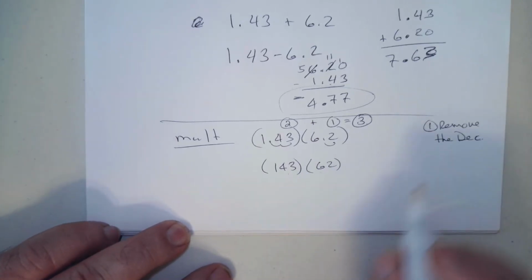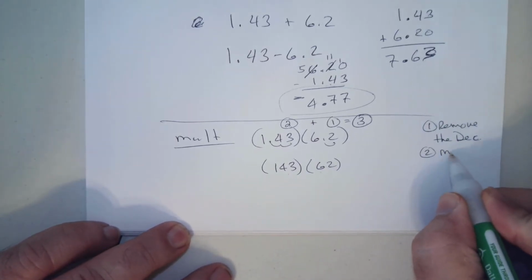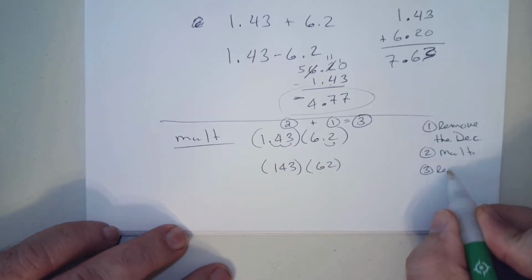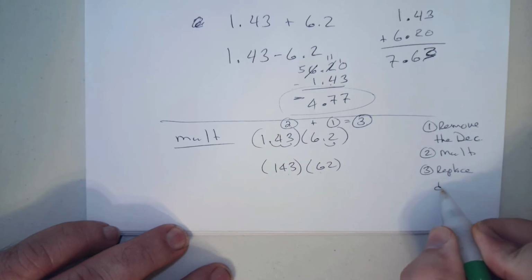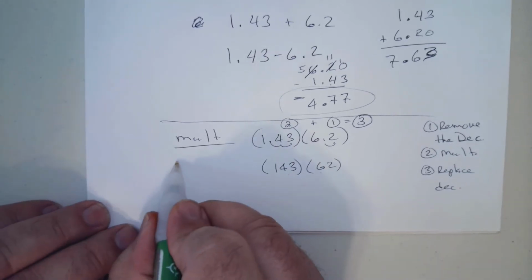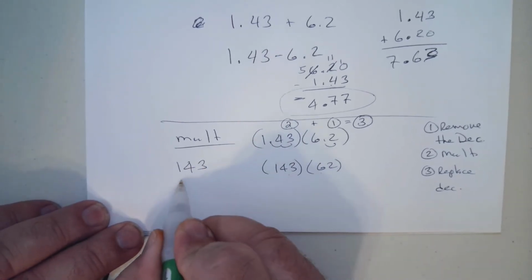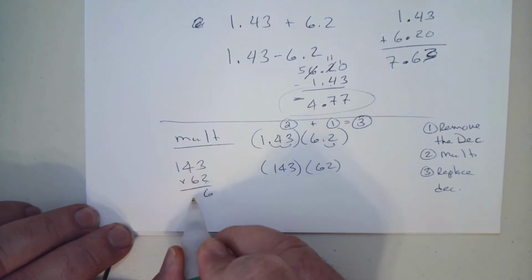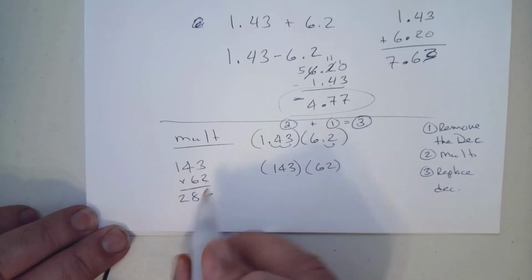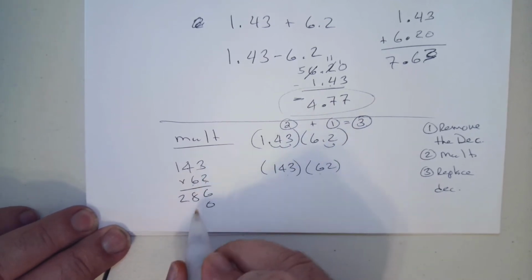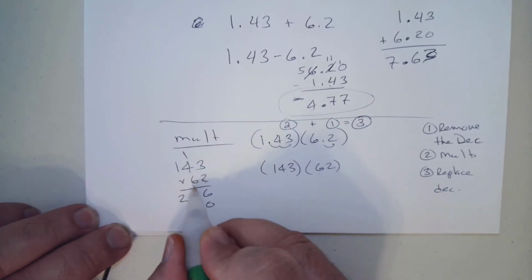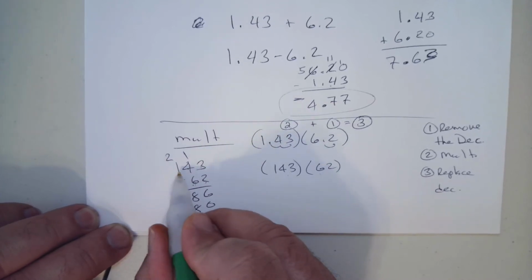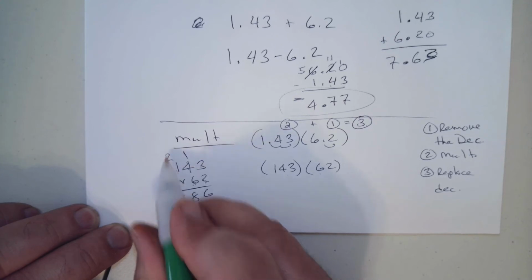Now multiply these whole numbers, then replace the decimal. So we have 143 times 62. 2 times 3 is 6, 2 times 4 is 8, 2 times 1 is 2. 0. 6 times 3 is 18. 6 times 4 is 24, plus 1 is 25. 6 times 1 is 6, plus 2 is 8.